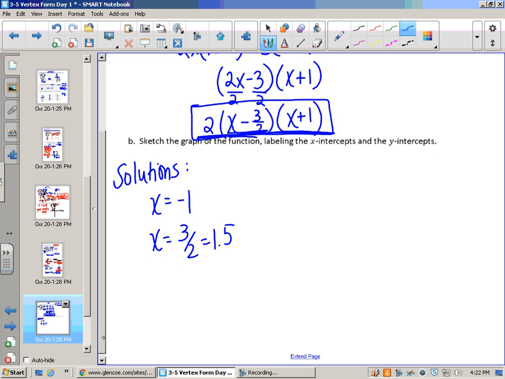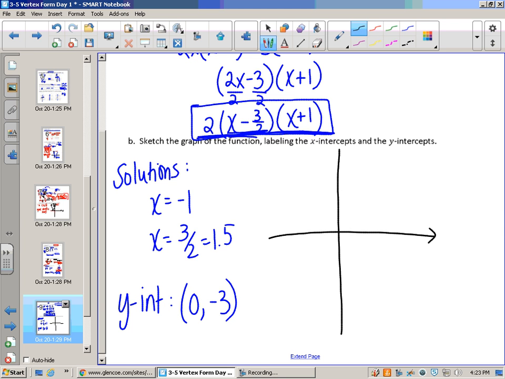To find my y-intercept, I would plug in 0, and I would get (0, negative 3). Then I sketch my x and y axes. Negative 3 is my y-intercept, negative 1 is one x-intercept, and not quite 2 is my other x-intercept. Connecting these, I know my vertex is going to be somewhere over here. I don't know what it is.